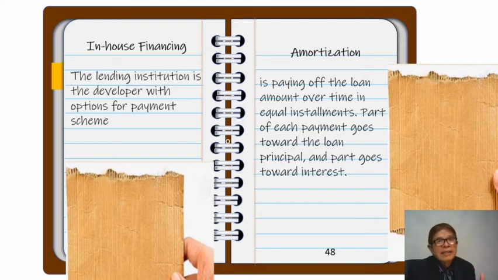Amortization by standard practice is to be paid monthly, so it is called monthly amortization. But we just call it amortization for short. The longer the terms, the lesser the amortization. So as a salesperson, you play around with the terms of payment so your buyer can afford the amortization.